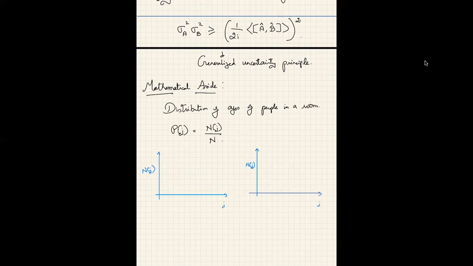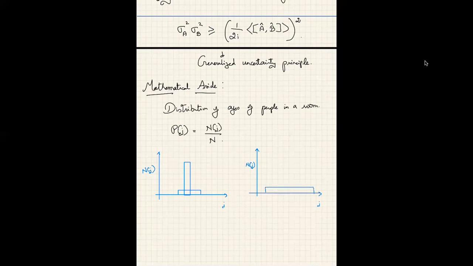Now let us say in the first room I have a distribution that looks very different from the distribution of B. Let us say that in the first room, I have a distribution that is very sharply peaked at some value. Okay, and in the other room, I have a more or less uniform distribution of ages.